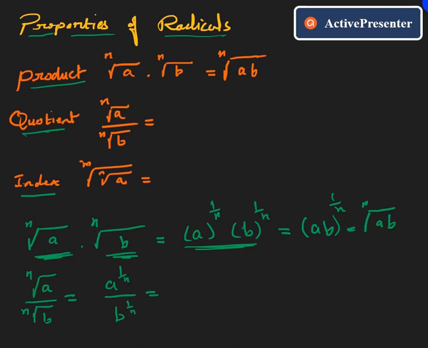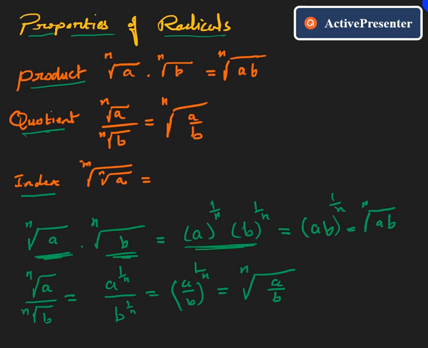This can be written as a over b all to the power 1 over n, which is equal to the nth root of a over b. So our second property, the quotient: the nth root of a divided by the nth root of b is equal to the nth root of a divided by b.